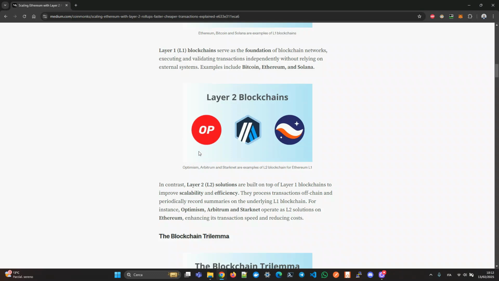So, for example, here we have 3 examples of layer 2 blockchains, which are Optimism, Arbitrum, and also Starknet, which are built on top of layer 1, which is Ethereum in this case, to improve scalability and efficiency.